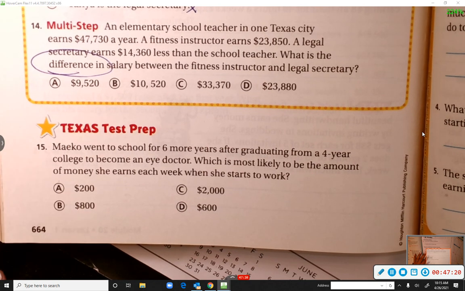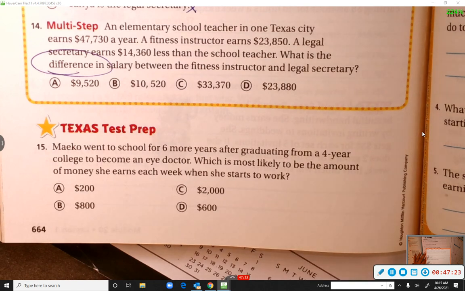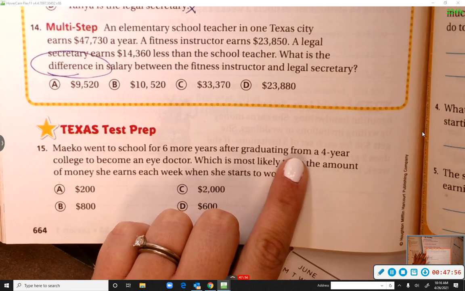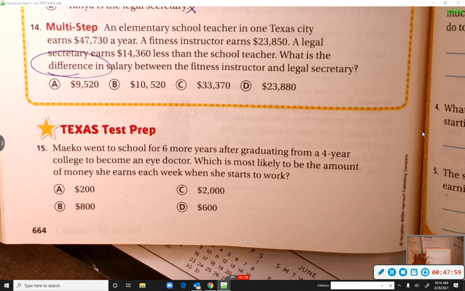Okay, number 15. Mako went to school for 6 more years after graduating from a 4-year college to become an eye doctor. Which is most likely to be the amount of money she earns each week when she starts to work? A, $200 a week, B, $800 a week, C, $2,000 a week, or D, $600? What do y'all think? Why would we pick the least amount of money when she went to school for 4 years of college and then 6 more years? That's like a doctor.